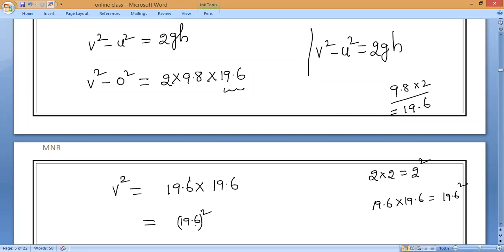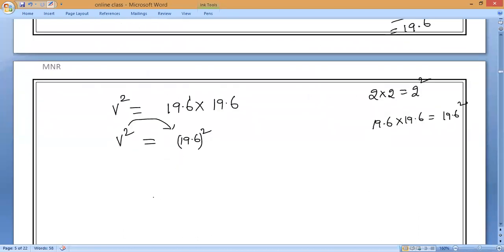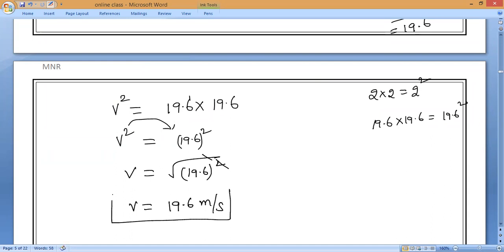Now this square will go to the other side and become a root, or else on both sides the square and root get cancelled. So root of 19.6 whole square, square and root get cancelled. V is equal to 19.6 meter per second. That is your answer.